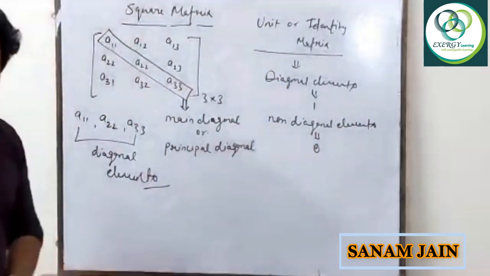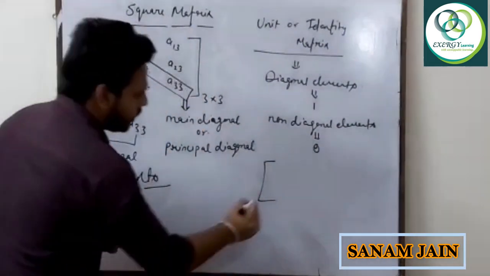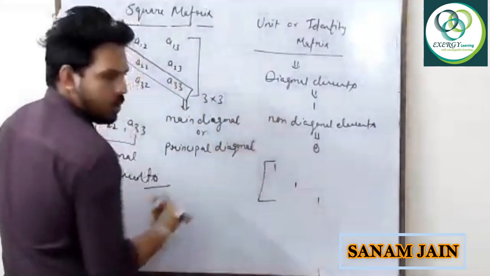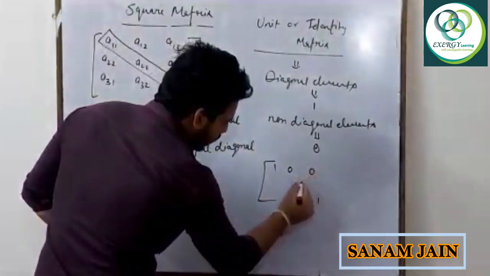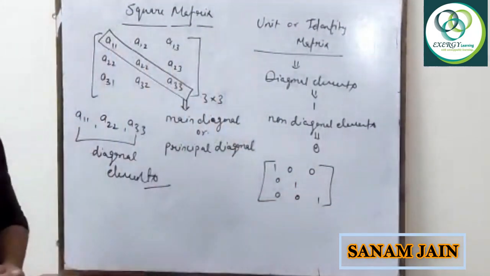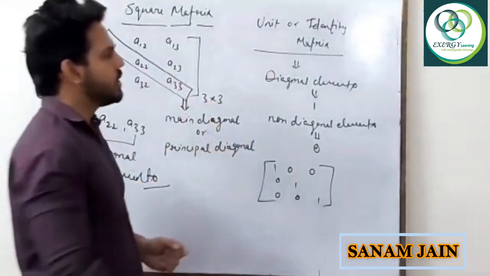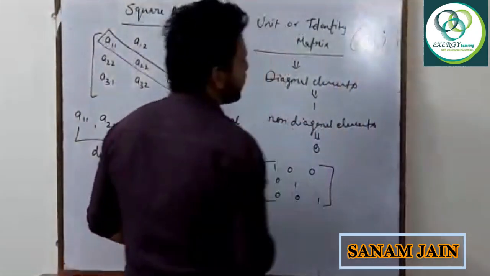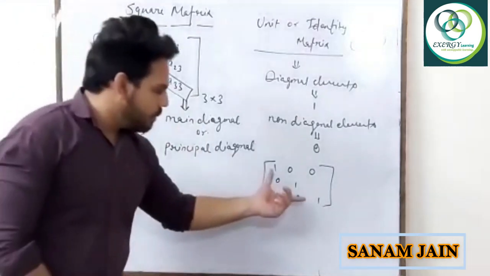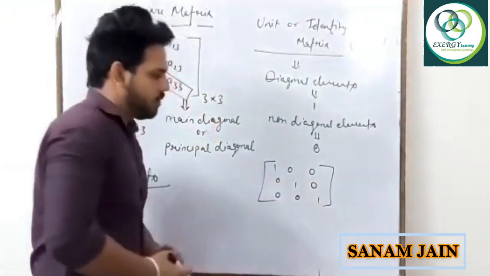Taking an example of 3 by 3 order, the main diagonal elements are 1 and the rest of the elements, the non-diagonal elements, are 0. This kind of matrix is known as a unit or identity matrix, and we represent it by the symbol I.